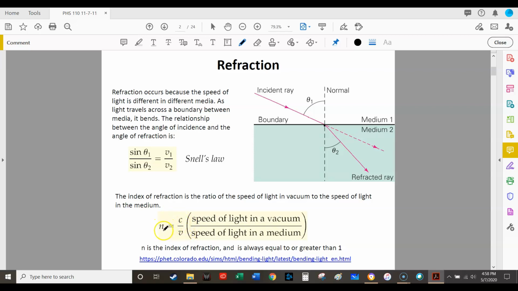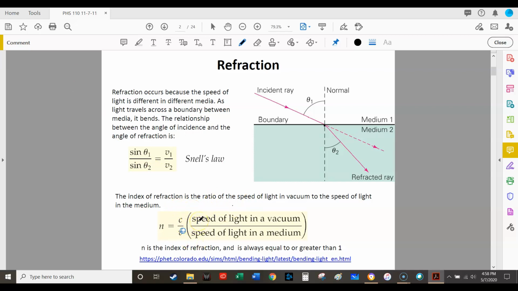This is called the index of refraction, and a vacuum of space will have an index of refraction of 1. I meant to say it has the lowest index of refraction.